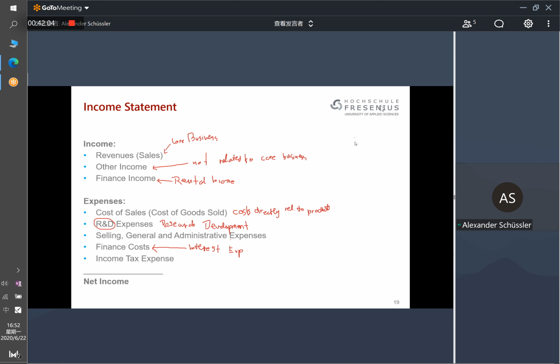This is not interest earned, but interest for having loans or having bonds. And then we have income tax expense. A firm has to pay taxes, called the corporate tax. And what is left after deducting all those expenses is the net income.